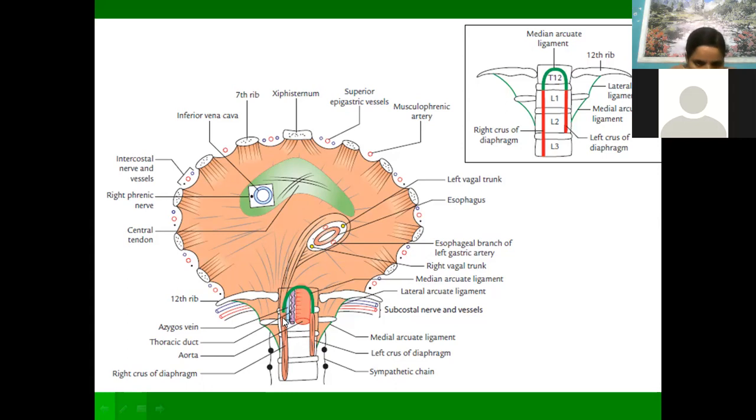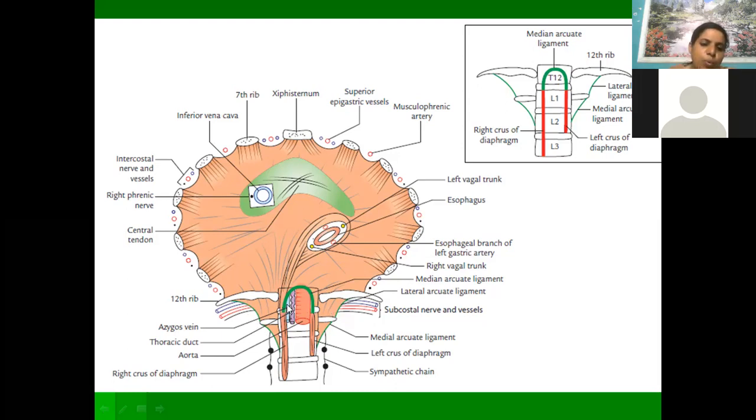Now see here, this round green colored structure what you are finding, you call it the median arcuate ligament. Then on either side we have the medial arcuate ligament. This side also we have the medial arcuate ligament. Then we have the lateral arcuate ligament. It's written here.